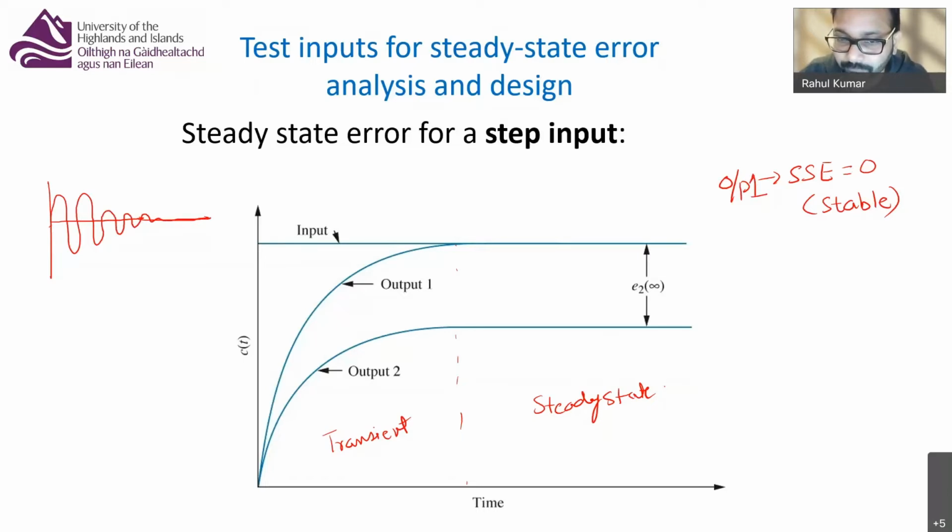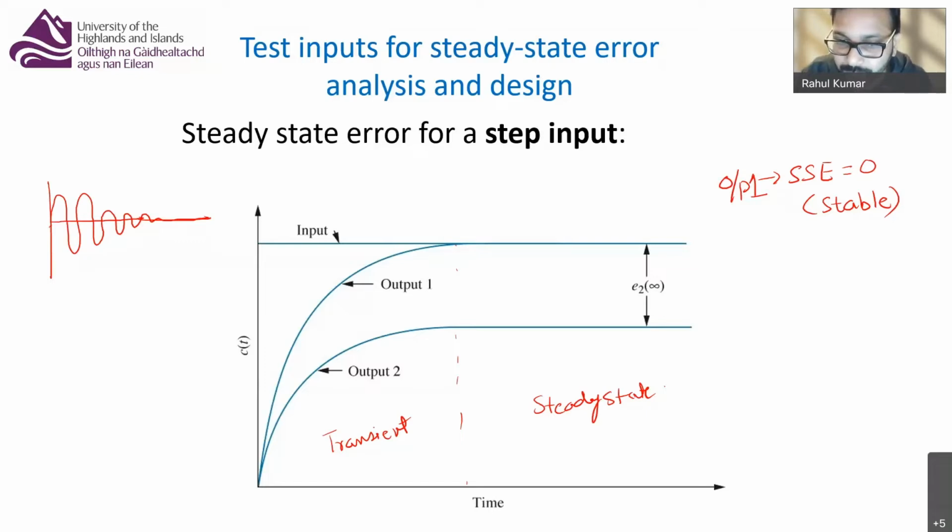Okay. Now for output 2, again in the transient state you have some error, but if we continue with output 2, after some time, in the steady state part, what we see is that we have an error E2, and this error will be constant throughout the time, right?